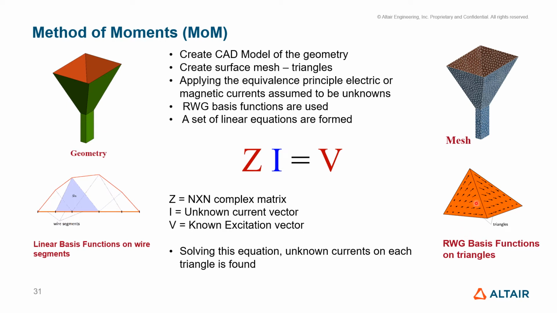So each of the unknowns is associated with this edge, and of course here each of the unknowns is associated with this node here. So once you have those unknowns solved, this I vector here, they form the amplitude of these basis functions, giving you the current distribution on a wire segment here, or on a horn or a 3D surface, in this case for the surface problem.